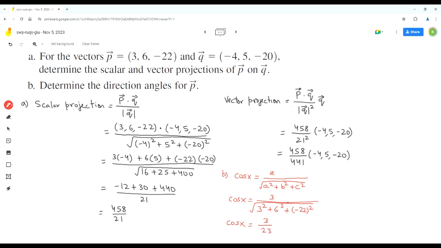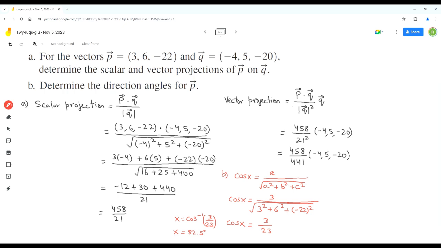Now we can do the inverse of cos. And I got 82.5 degrees. So that's the angle vector P makes with x-axis.